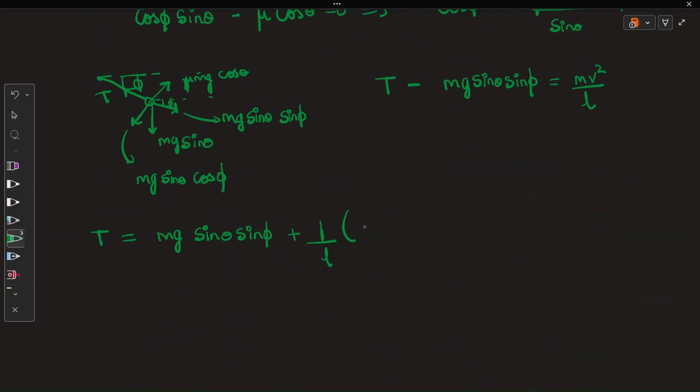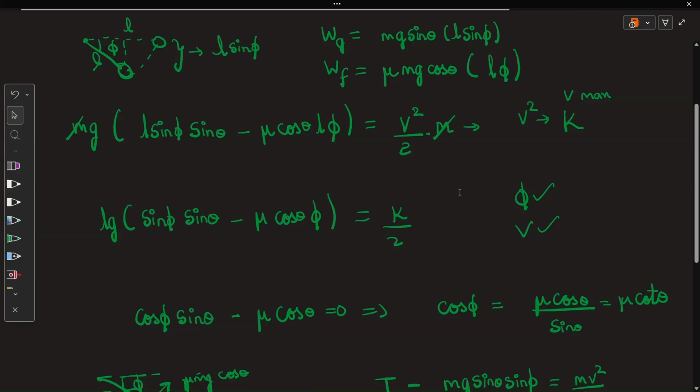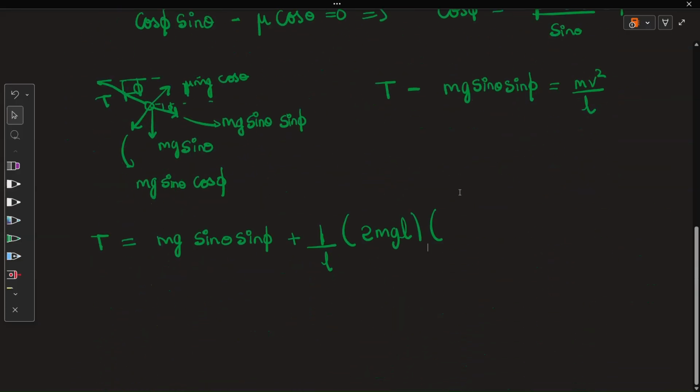So what I get is 2 mg L into sin theta sin phi minus mu cos theta into phi.